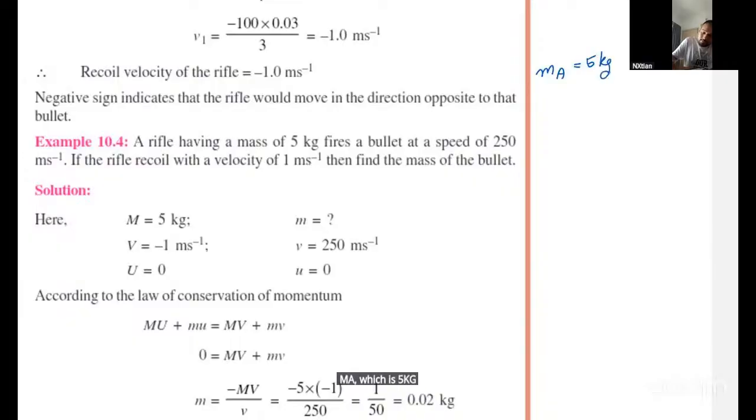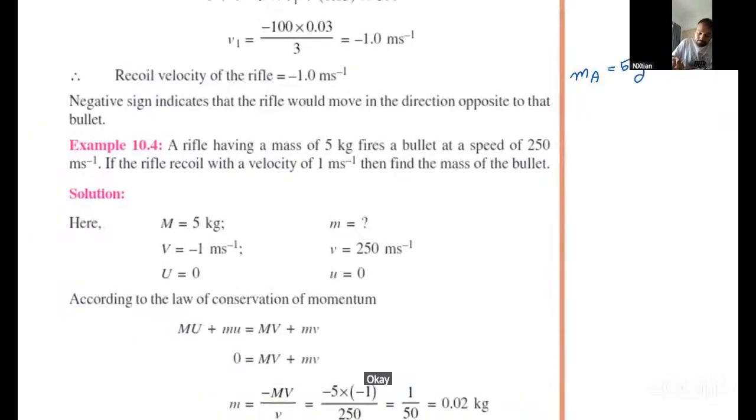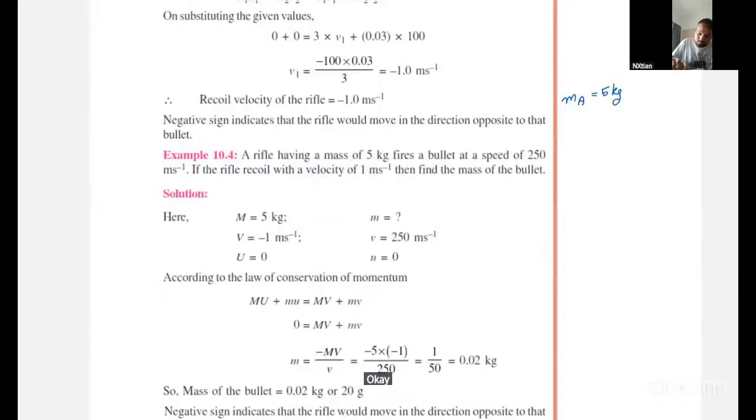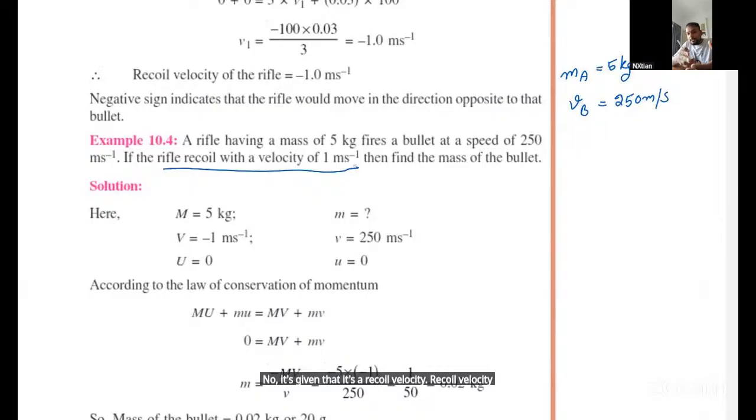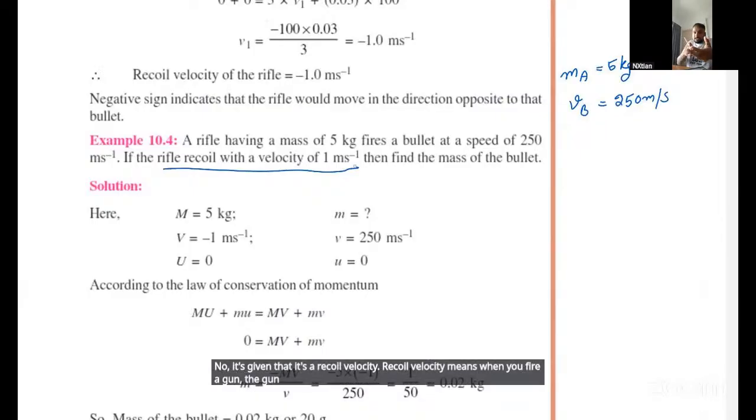Then the speed of the bullet. The speed of the bullet is VB, which is 250 meter per second. Now it's given that it's a recoil velocity. Recoil velocity means when you fire a gun, the gun will come back; it will give a backward jerk.